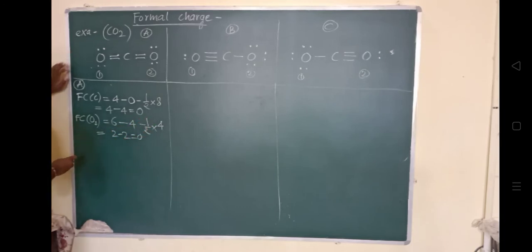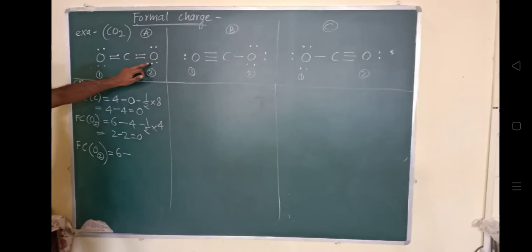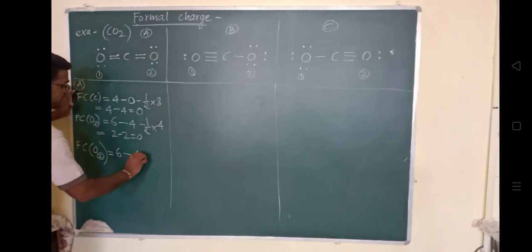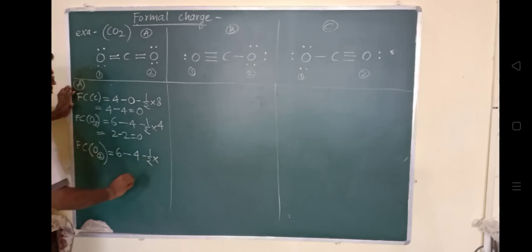So the answer is 0. Now the formal charge on the second oxygen. This is the first oxygen atom, and this is the second oxygen atom. Total 6 valence electrons minus how many non-bonded? 1 2 3 4 are the non-bonded electrons, minus 1 by 2 into the bonded electrons. 1 2 3 4 are the bonded electrons.